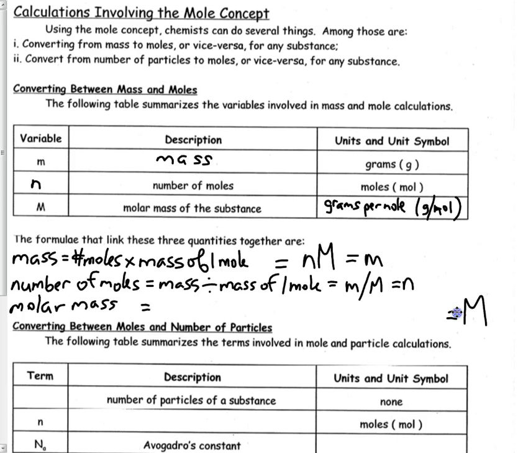Because it's a ratio of mass to moles, the units tell us which quantities need to be divided. We need to divide the mass by the number of moles, and that unit ratio in grams per 1 mole would be our molar mass. So the third formula is big M, molar mass, is equal to the mass divided by the number of moles.